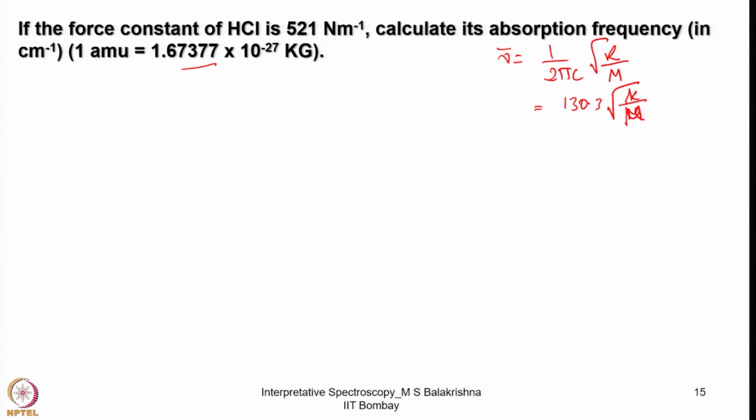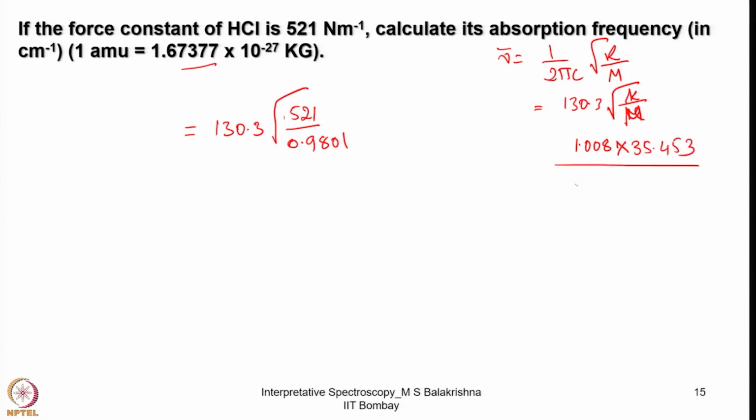So now let us consider here 130.3, 521. Reduced mass is going to be 0.9801. If we take here HCl, H if I consider 1.008 into 35.453 and then 1.008.